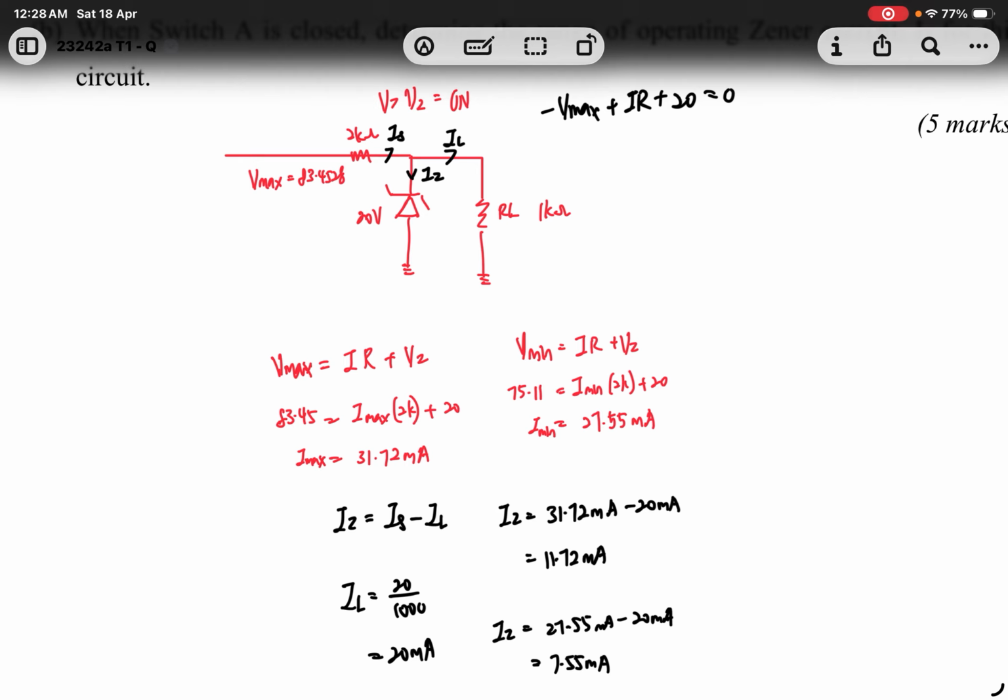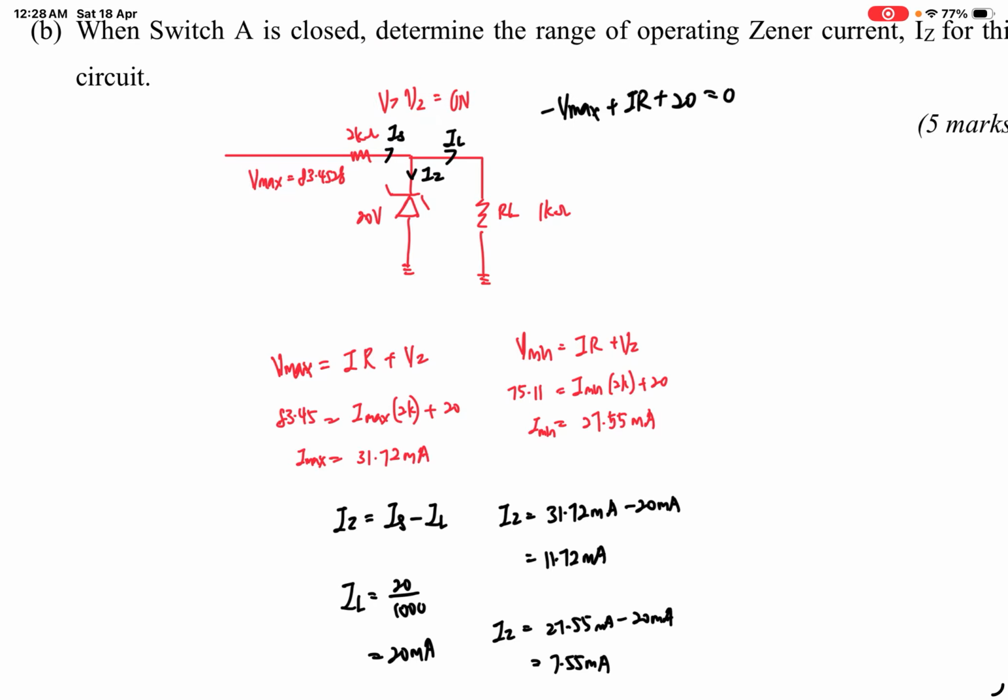We substitute and get the I maximum, which is 31.32 milliamperes. Then we use Kirchhoff's law and get IL is 20 milliamperes. Then we also calculate the V minimum using KVL, and we get the I minimum is 27.55 milliamperes.